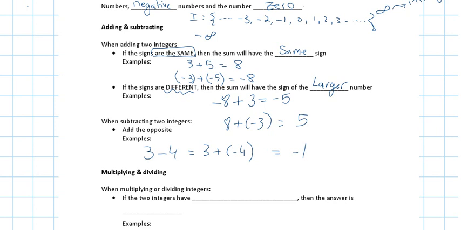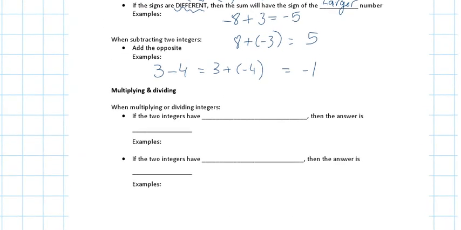Now when I'm dividing or multiplying integers, if the two integers have the same sign, I'm going to give you an example here. If I'm multiplying a negative 2 times a negative 3, what's your answer going to be? Positive 6, right?